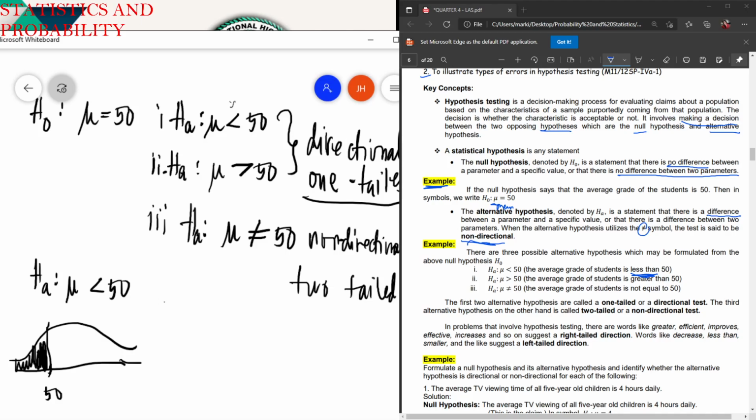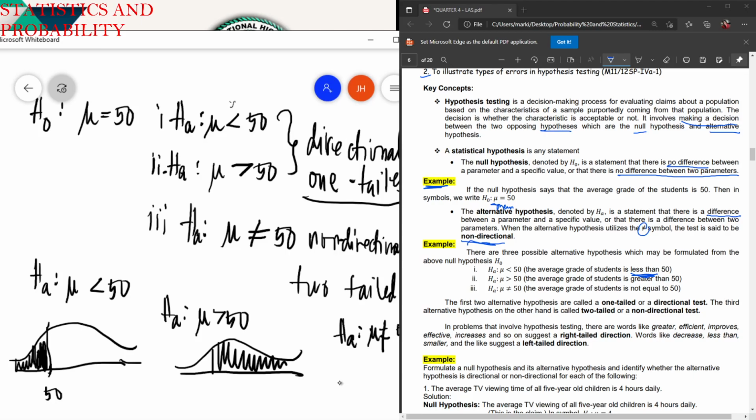And if the alternative hypothesis is greater than 50, then we shade here, to the right. And if the alternative hypothesis is not equal to 50, we have two sides that are going to be shaded. Later on we will discuss this one.